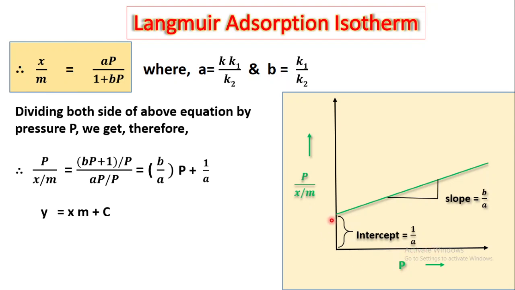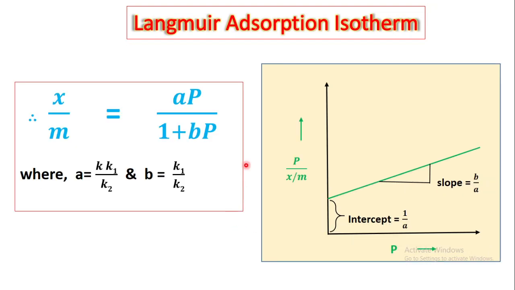So we get a straight line like this. Now this y-intercept is equal to 1 upon A. The reciprocal of the intercept gives us the value of A, that is the Langmuir adsorption constant, and the slope of the straight line will give us the value of B upon A.